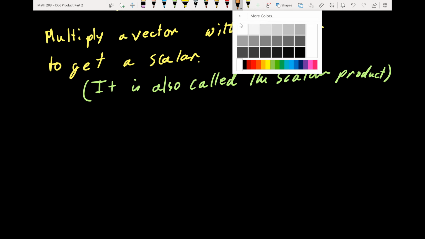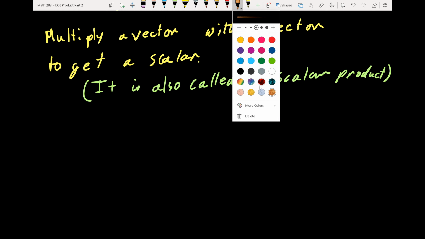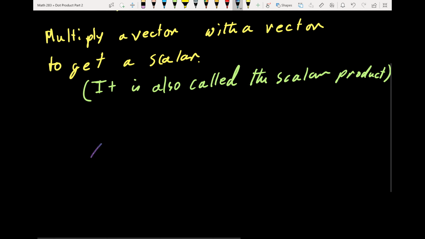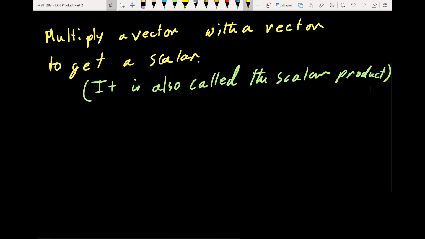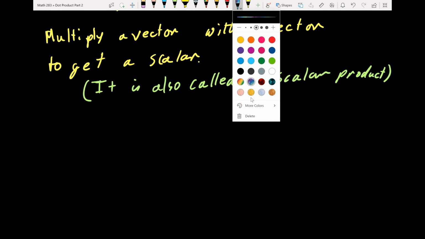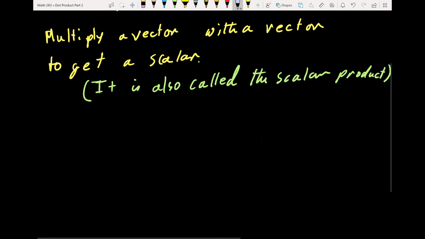Oh, I have that much color. I should have more colors. I don't have them. What about this one? No? Let's try this one, see what happens.